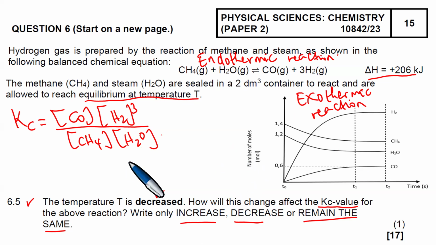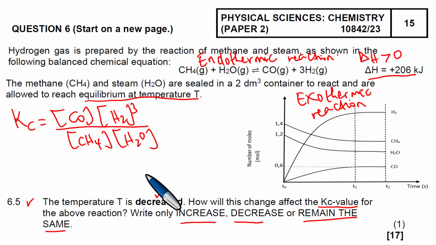So now this one requires heat, and therefore, because its heat of reaction, delta H, is plus 206, which is positive, what then do we have here?